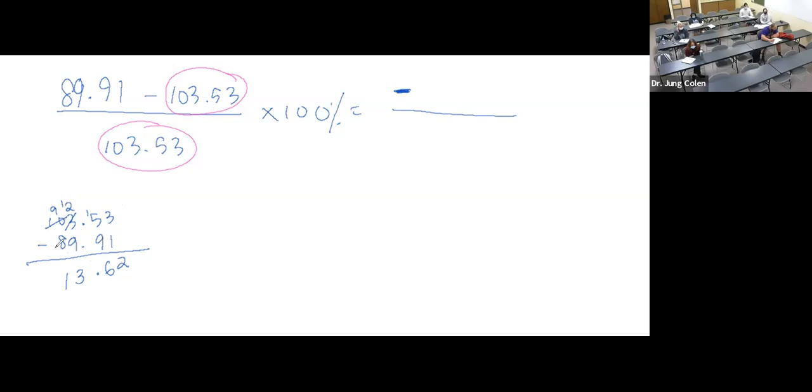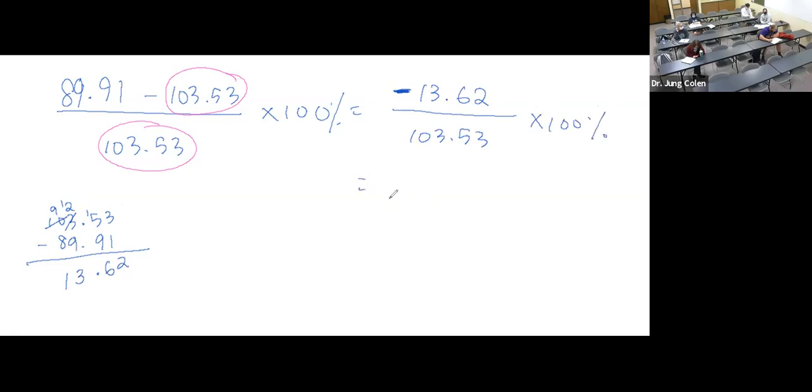89.91 from 103, but we go backwards, so it's going to be negative 13.62, right? Over 103.53 times 100%.